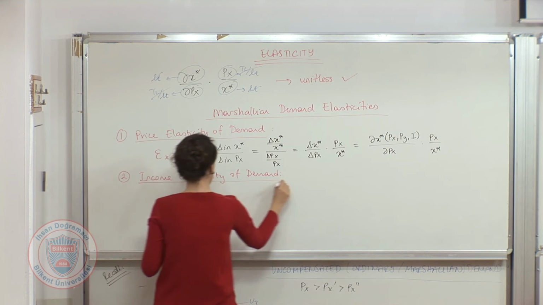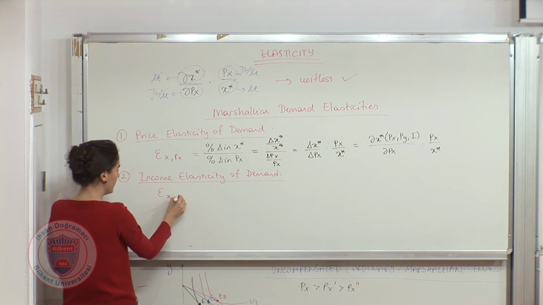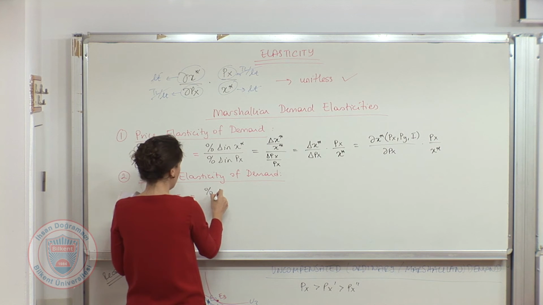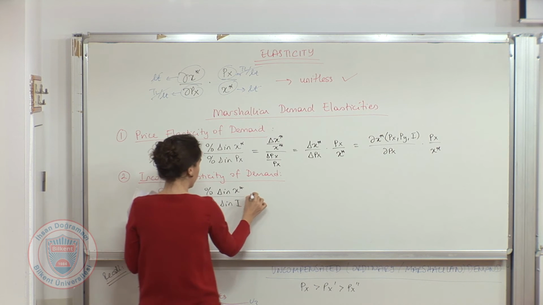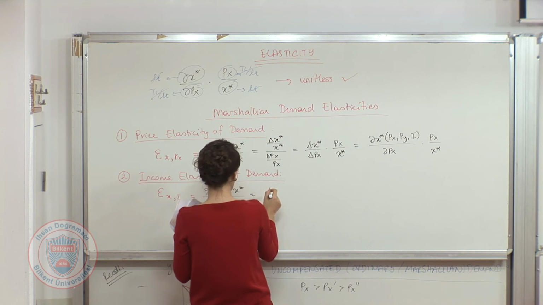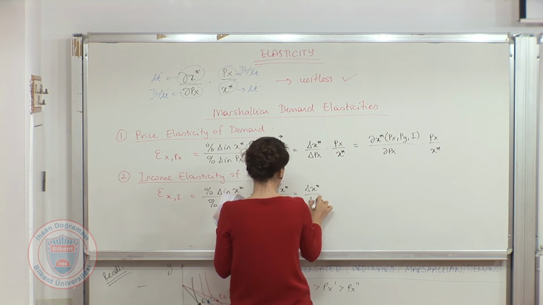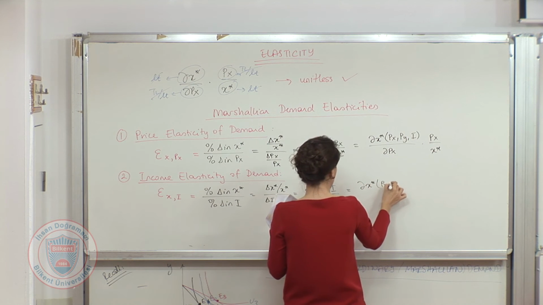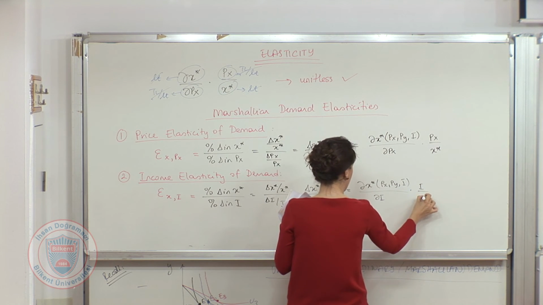It's the elasticity of x with respect to I. Similar logic: percentage change in x star divided by percentage change in I. So basically this is del x star over del I, times I divided by x star, okay?